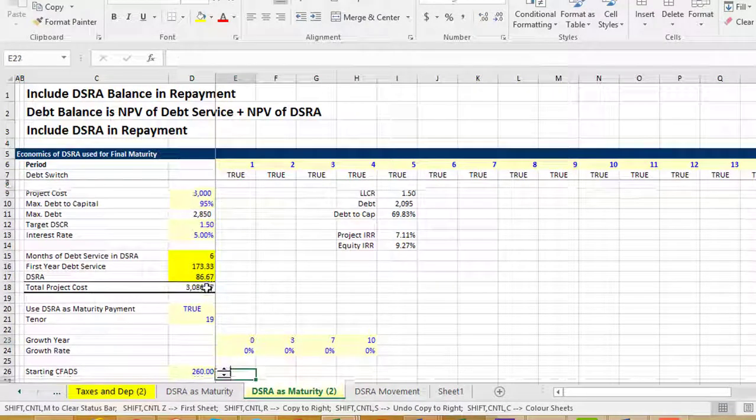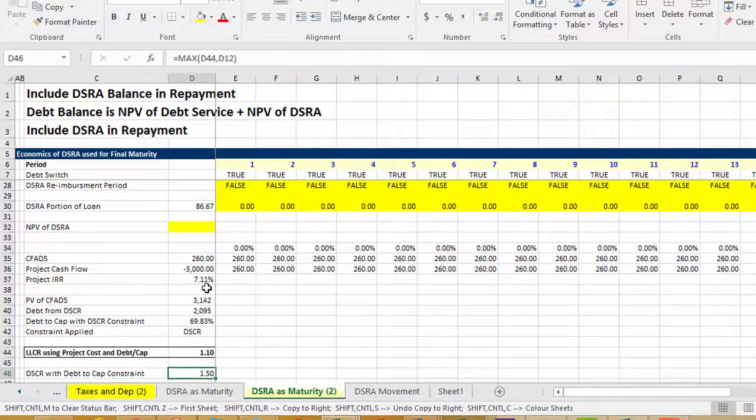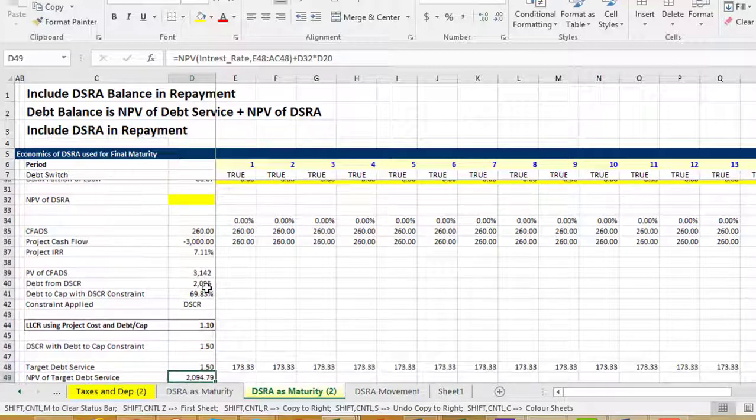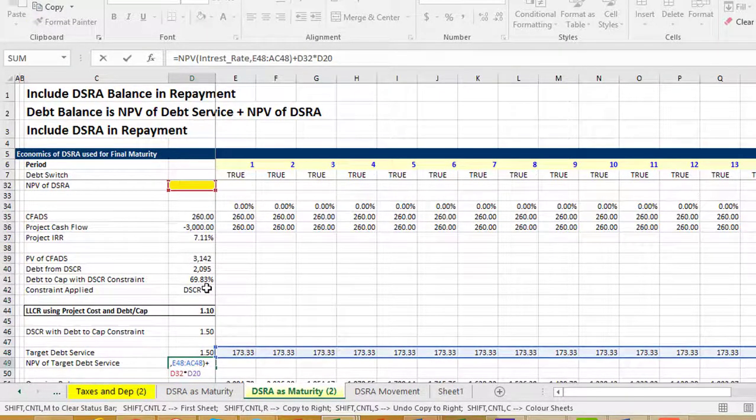Let's keep going. Now, if instead we say, okay, I would like to increase the size of the loan. So this is the present value of our debt service.